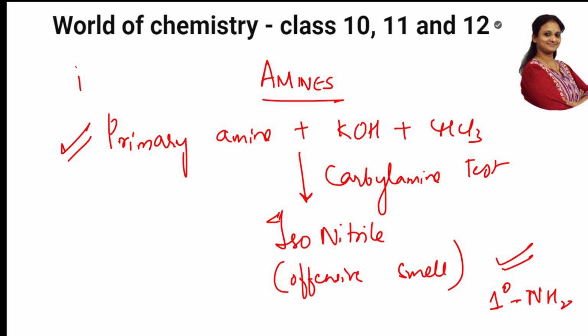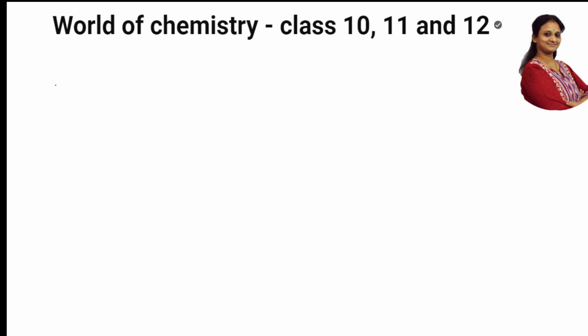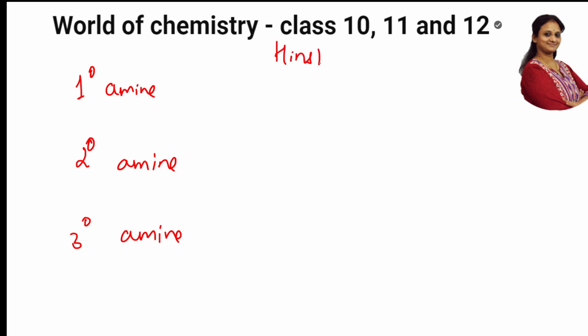Let us number this. We have primary amine, first; secondary amine, second; tertiary amine, third. All these amines can be differentiated with the Hinsberg test, or Hinsberg reagent test.